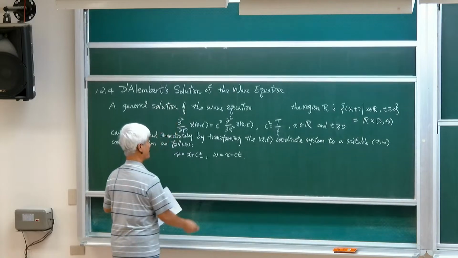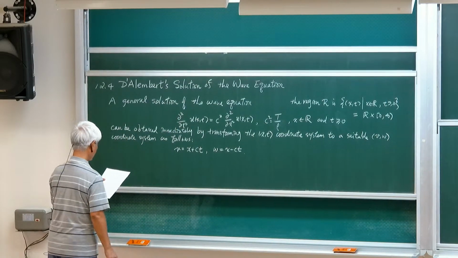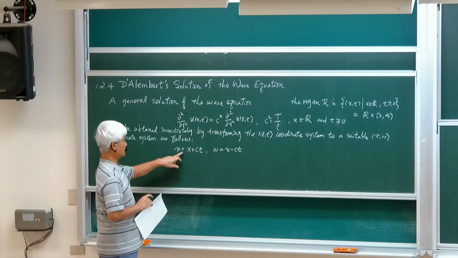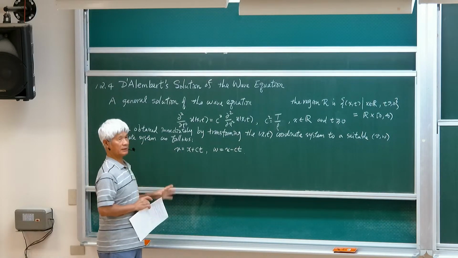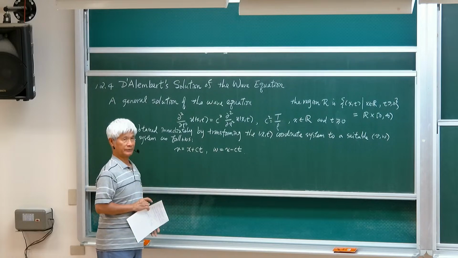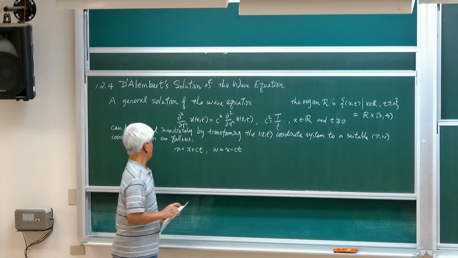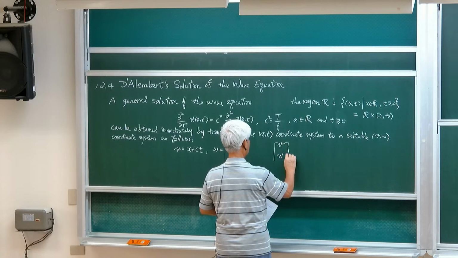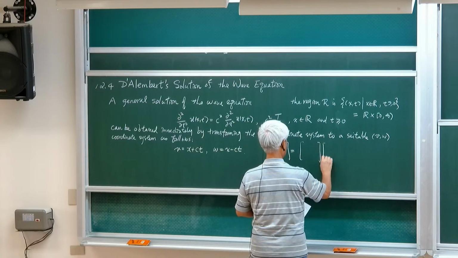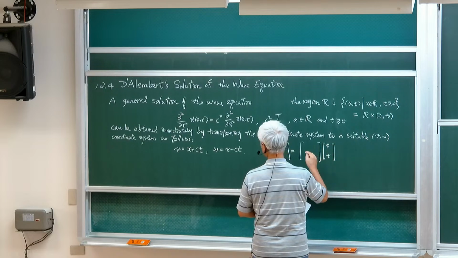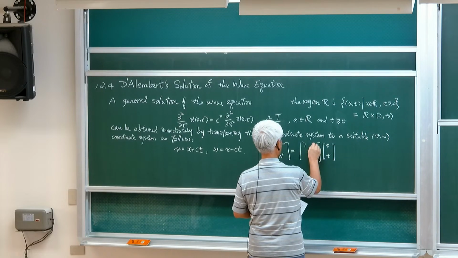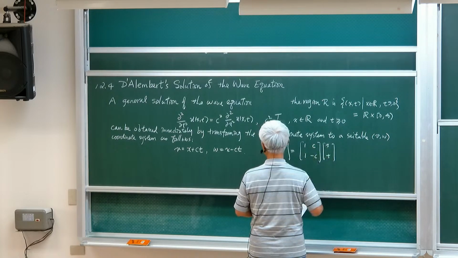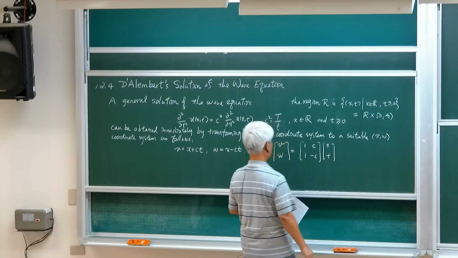Okay. So you see this, the new coordinate is a linear transformation of the old coordinates. As you can see, the matrix taking xt to VW here is 1, c, 1, minus c.